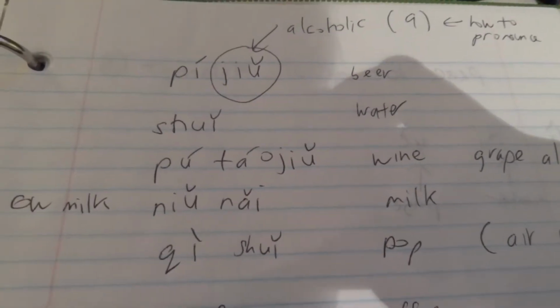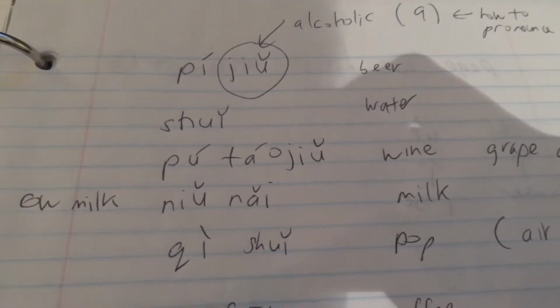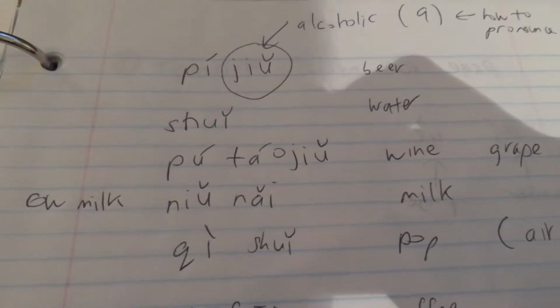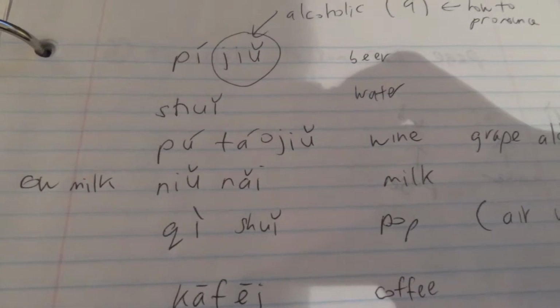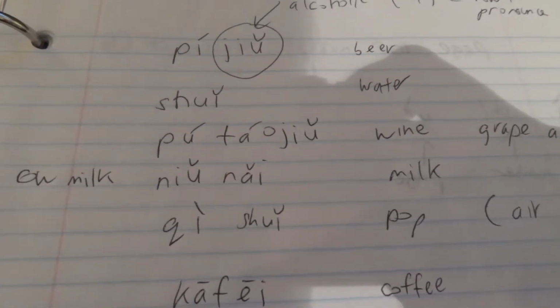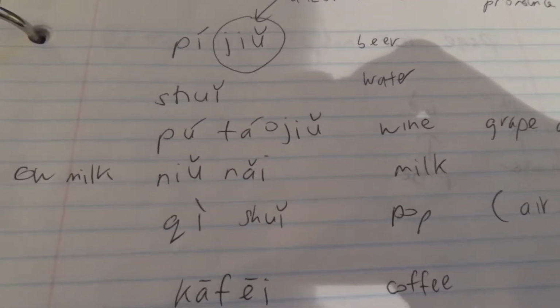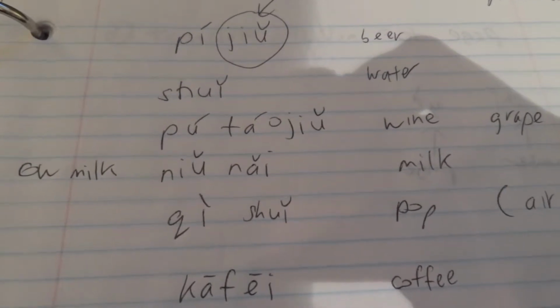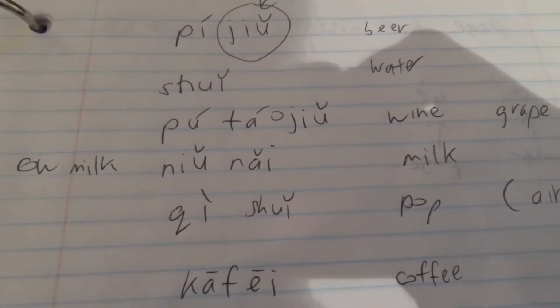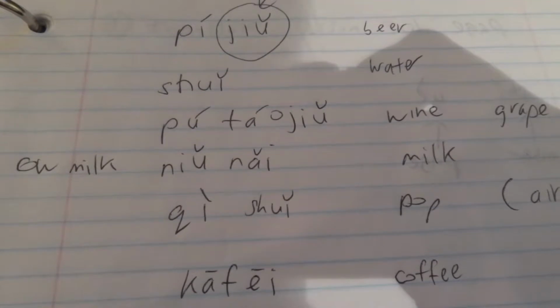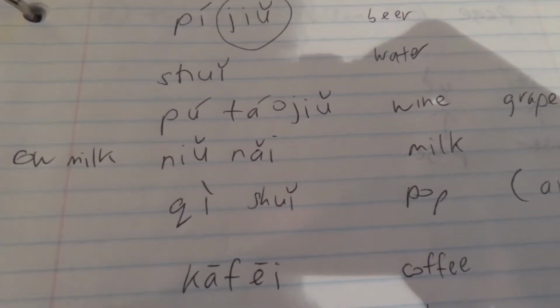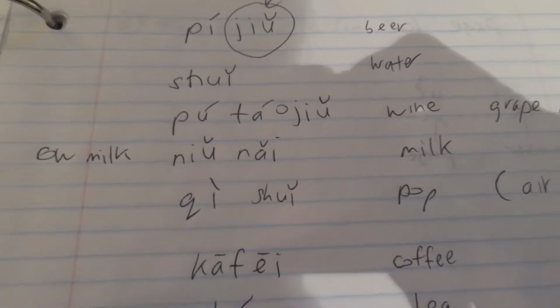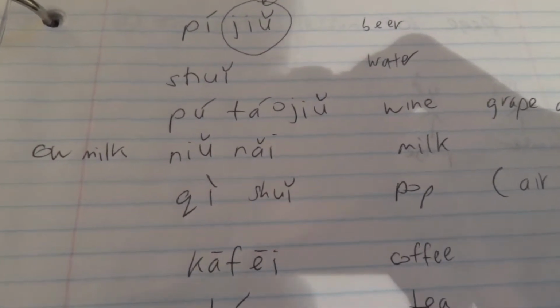These are some of the drinks that I covered last time. Pi jiao is beer. Water is shui. Wine is pu tao jiao. Cow milk is niu nai.